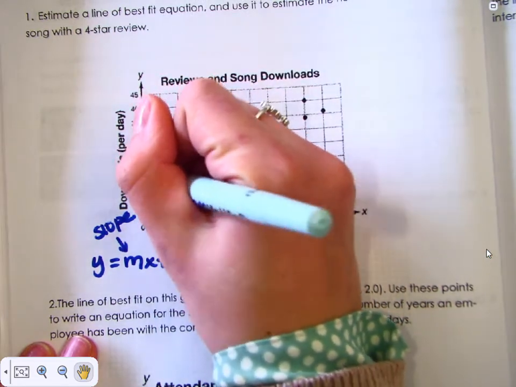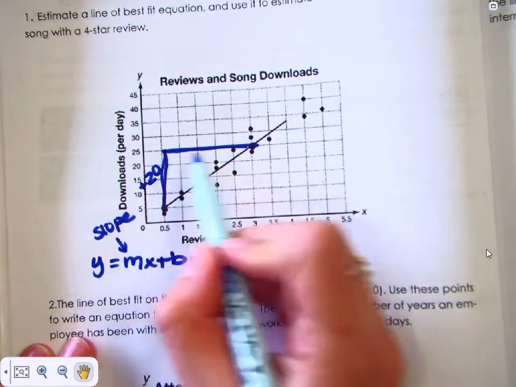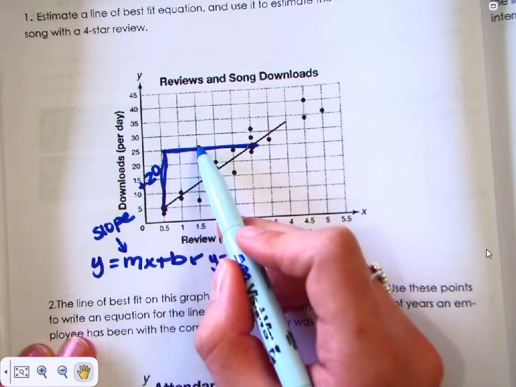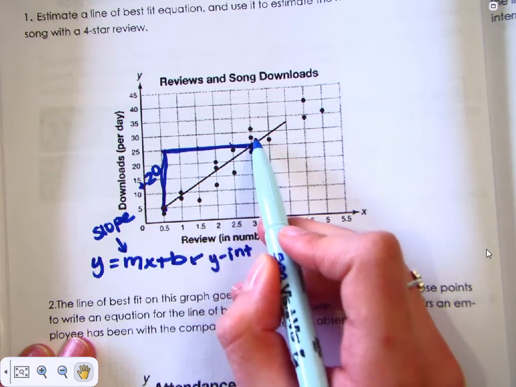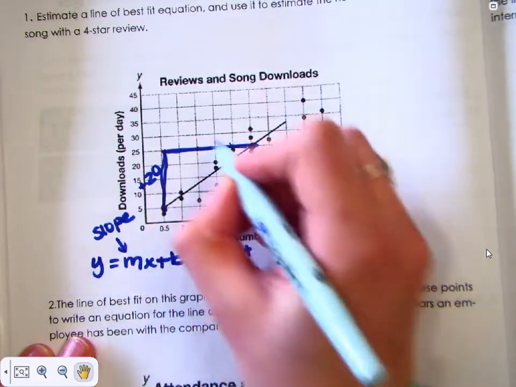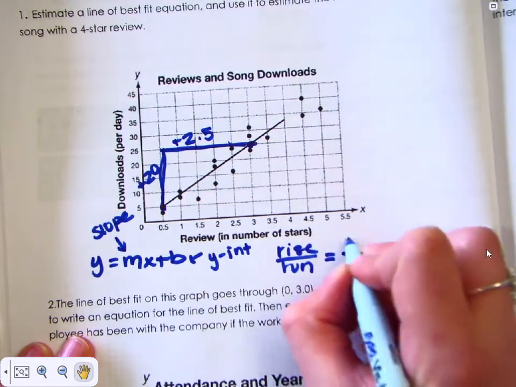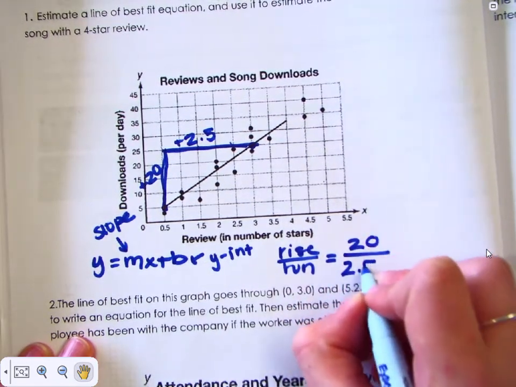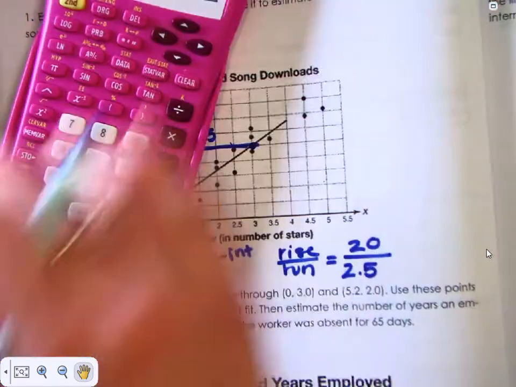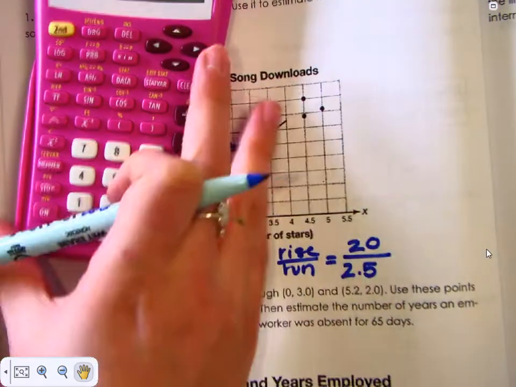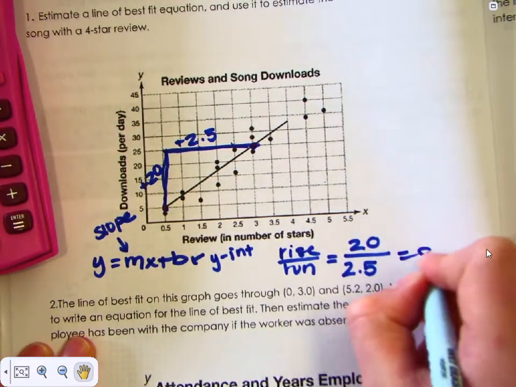I'm rising 20. Okay, and I'm going over, this one's counting by 0.5, so every 2 is 1. So I'm going over 1, 2 and a half, 2.5 over. So my rise is 20 and my run is 2.5. So I'm going to put that in my calculator. 20 over 2.5 is 8. So my slope is 8.